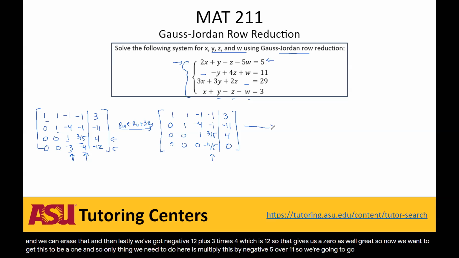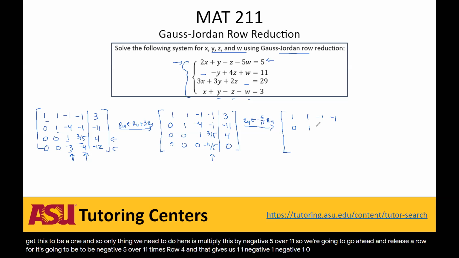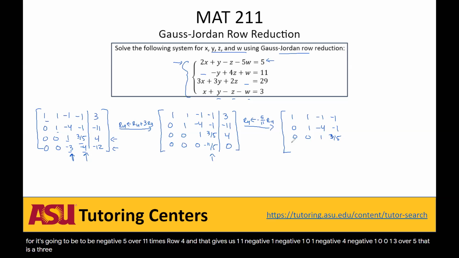So we're going to go ahead and say row 4 is going to be negative 5 over 11 times row 4. And that gives us 1, 1, negative 1, negative 1, 0, 1, negative 4, negative 1, 0, 0, 1, 3 over 5. That is a 3. And then 0, 0, 0.